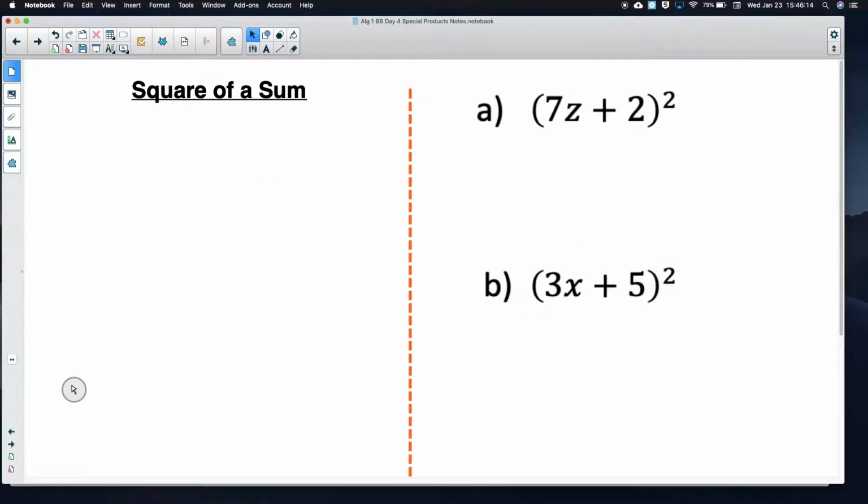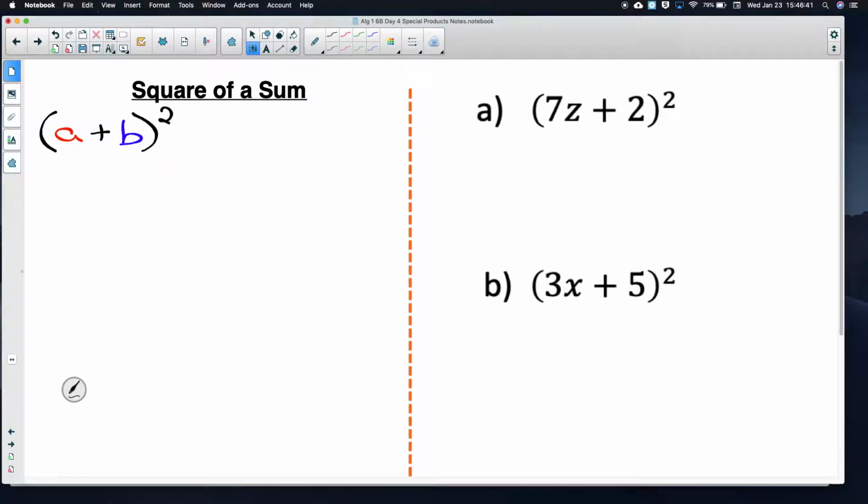What does the square of a sum look like? Well, that is taking a sum, so that's taking something, let's just say it abstractly, like A plus B. That's a sum, and then I am going to square that. So remember that when I take something squared, I multiply it by itself 2 times.